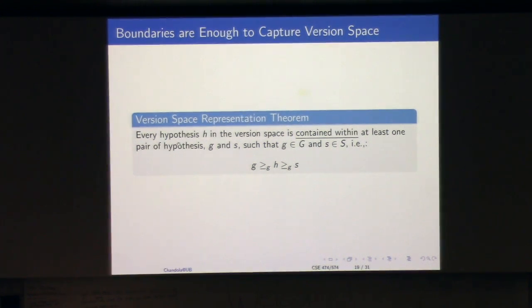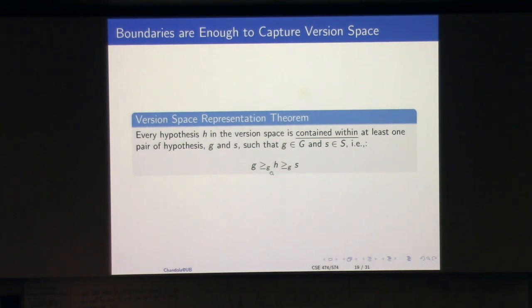The idea is that if you take any hypothesis h in the version space, there will always be one hypothesis in the most general set on the boundary on the top, which we call capital G, and one in the most specific boundary here. So you'll always find a pair which satisfies this, and because it does, we don't really need h.